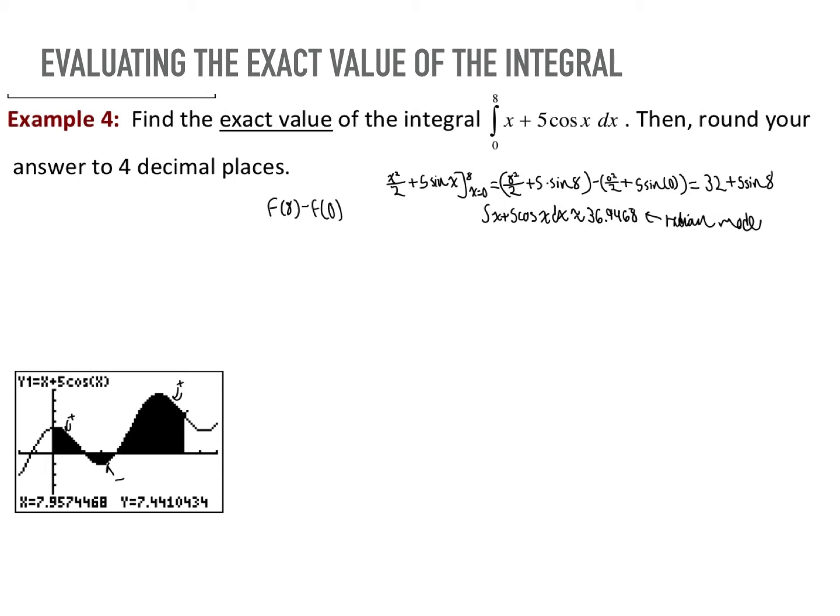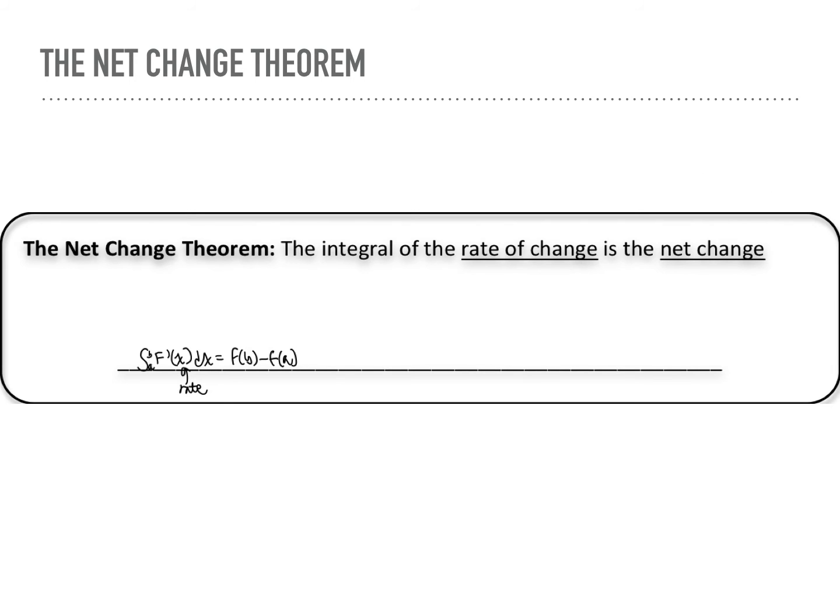The antiderivative of this integral is x squared over 2 plus 5 sine x, evaluated at x equals 0 and 8. So we just plug in those values, and we get 36.9468. When you plug this into the calculator, make sure that it's in radian mode.